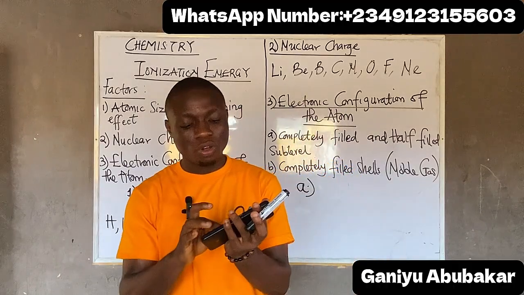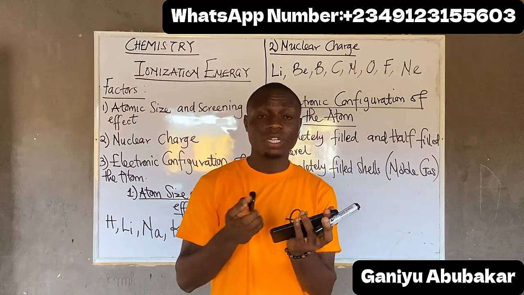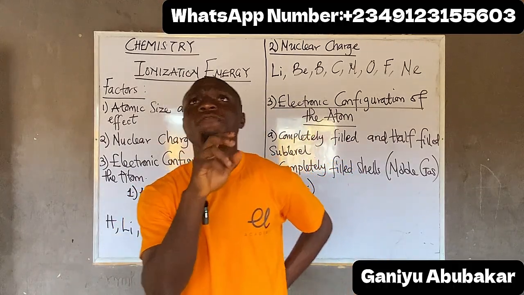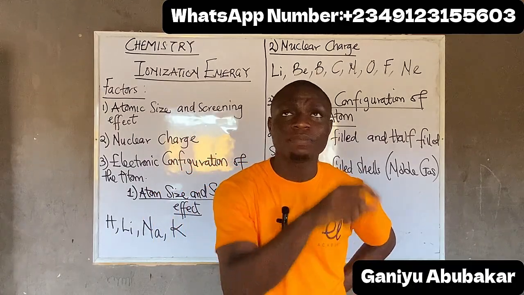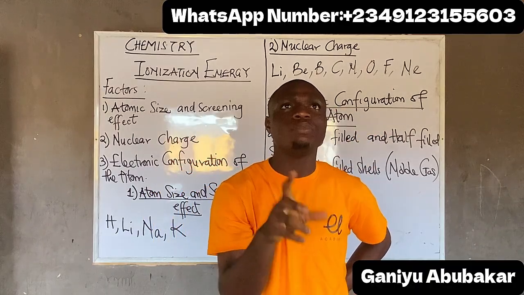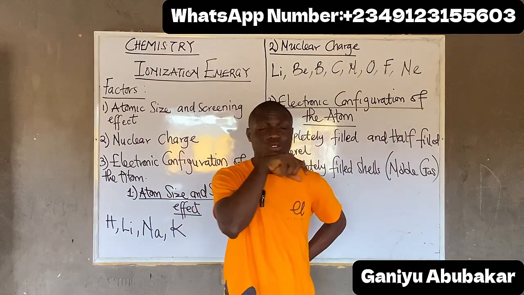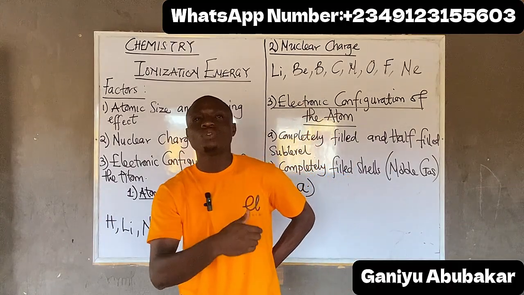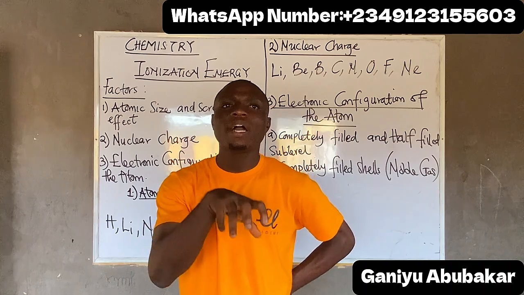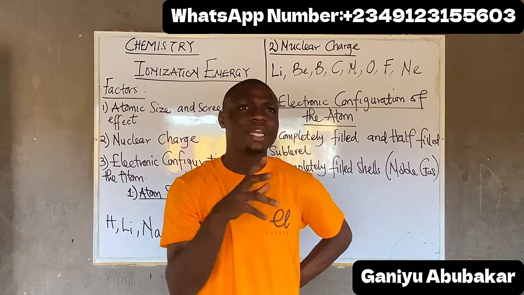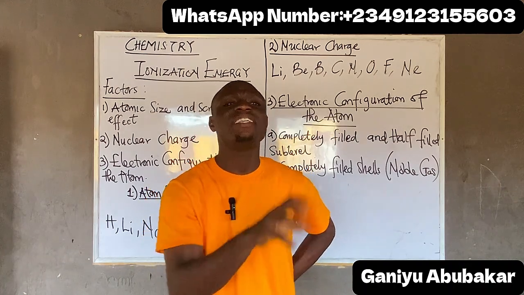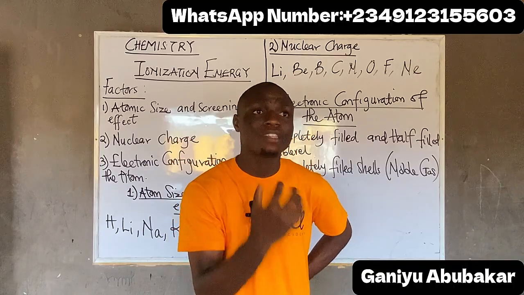The second one there is called the completely filled shell, and you said completely filled shells are your noble gases, right? If you check your periodic table, the one at the extreme, I'll display the image and I will indicate with an arrow what I'm saying, right? The noble gases are the only elements that have a stable atom, right?